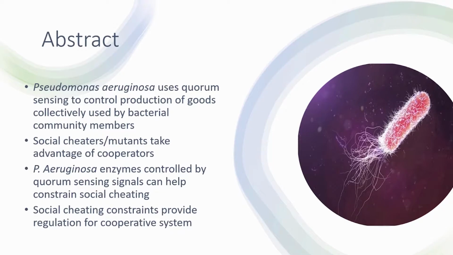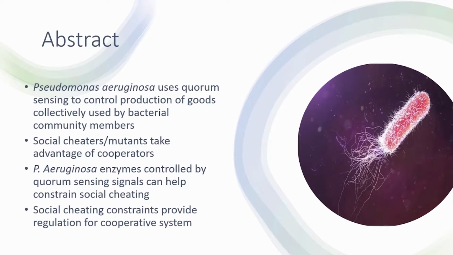A lot of the time bacteria grow together, and through quorum sensing, Pseudomonas aeruginosa is able to share products with each other to help grow. Quorum sensing is very beneficial in a population.